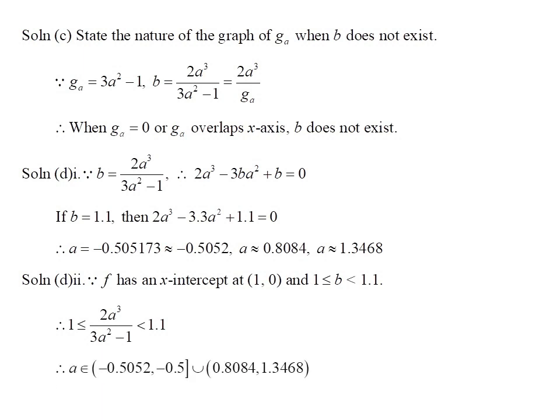Hence, solving the inequalities using the CAS graphic calculator again, we obtain the value range of a, which is greater than negative 0.5052 but less than or equal to negative 0.5, or greater than 0.8084 but less than 1.3468.